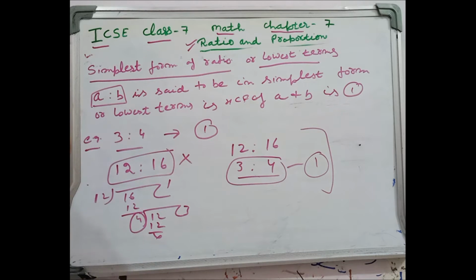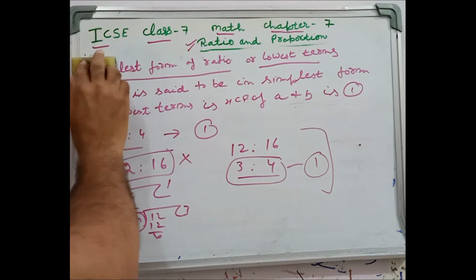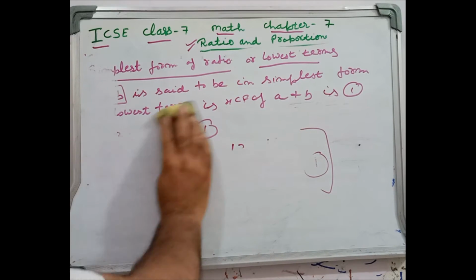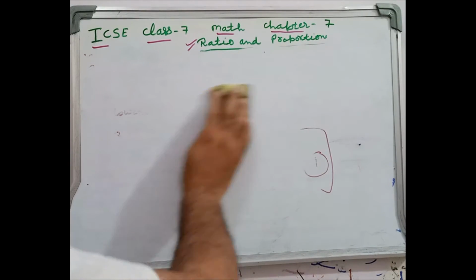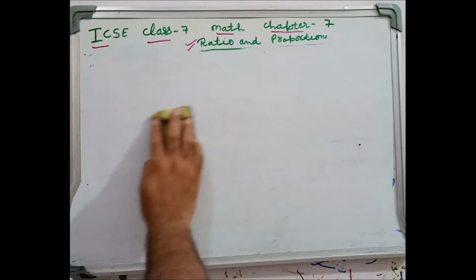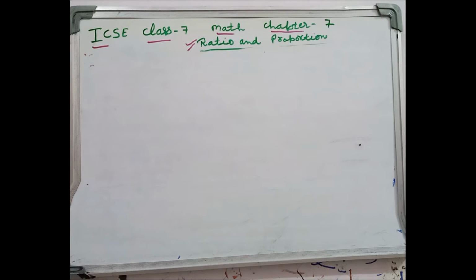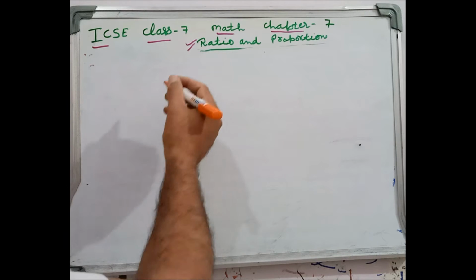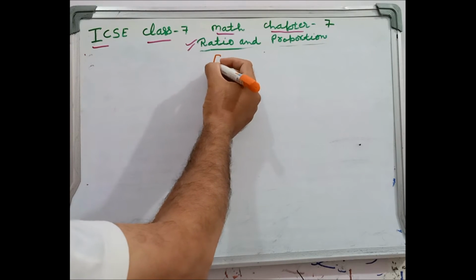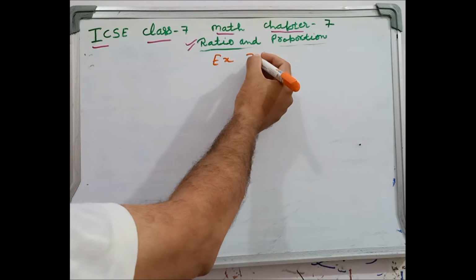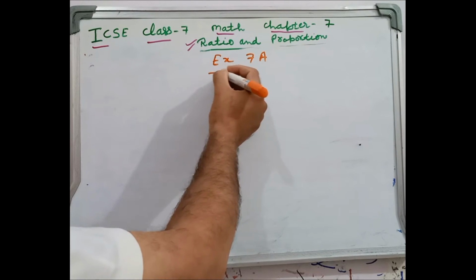Now we will move to our exercise, that is Exercise 7A. Students, if you keep in mind the basic things related to the unit, you will never face any difficulty. So this is our Exercise 7A.